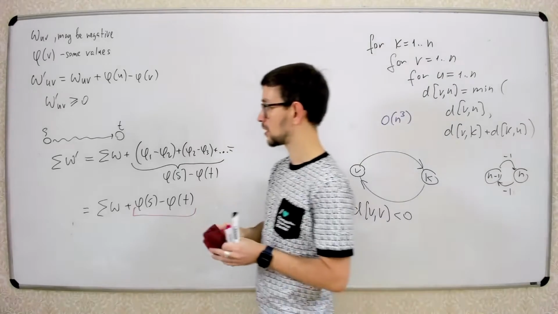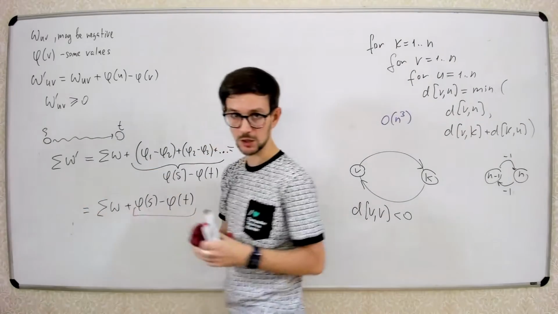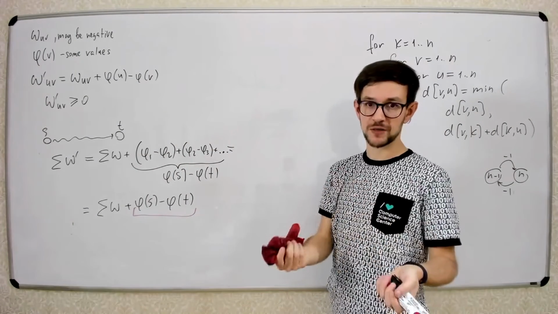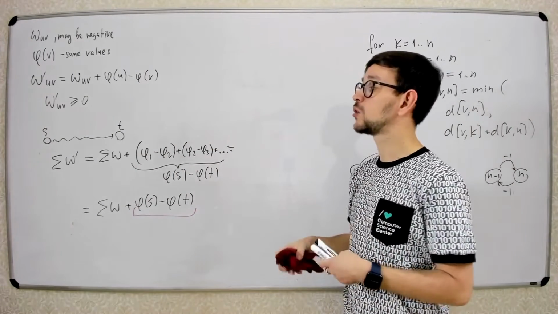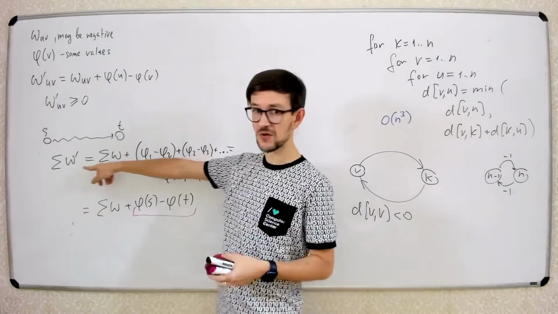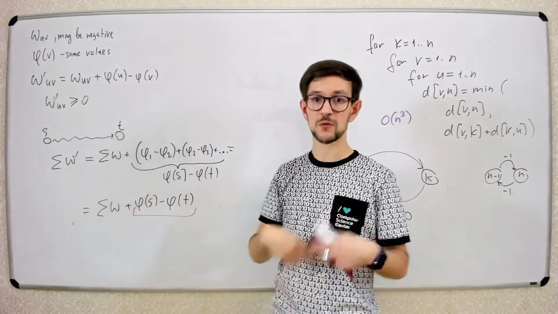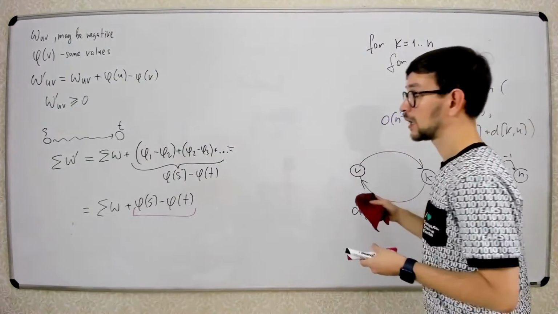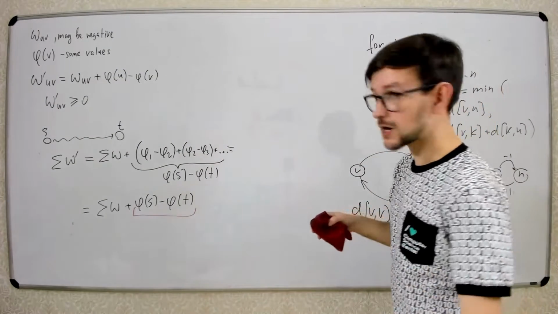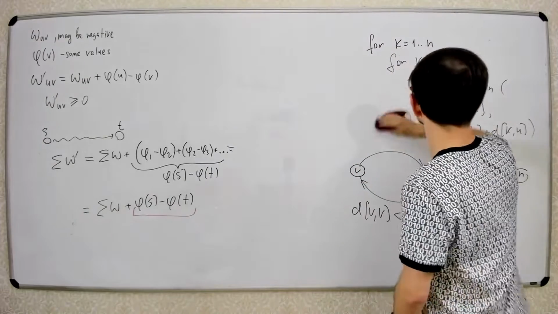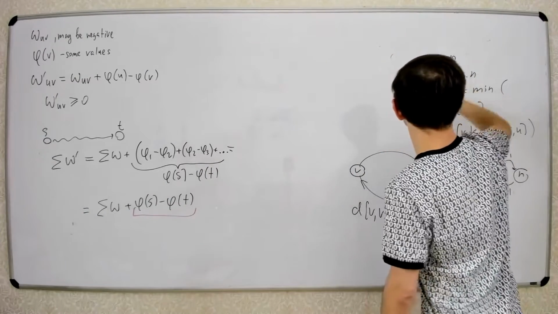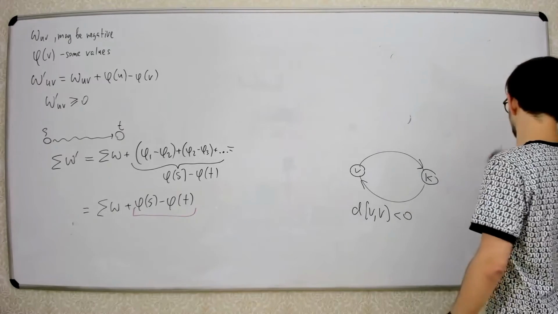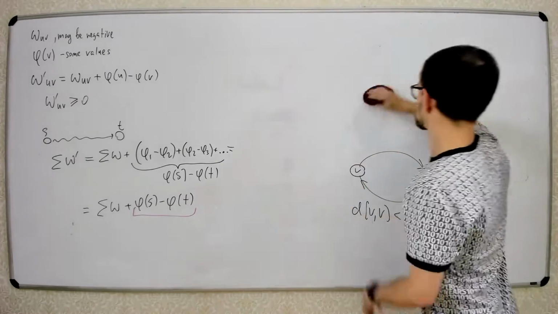You apply Dijkstra's algorithm for these modified weights, and it will find you the shortest path in the modified graph, but in your graph the shortest path will be the same path. That's the plan. Okay, now the only problem is how to find this potential. Well, let's draw some graph.